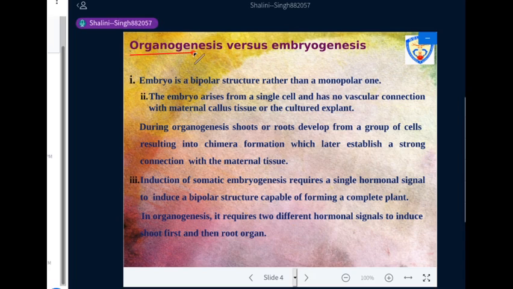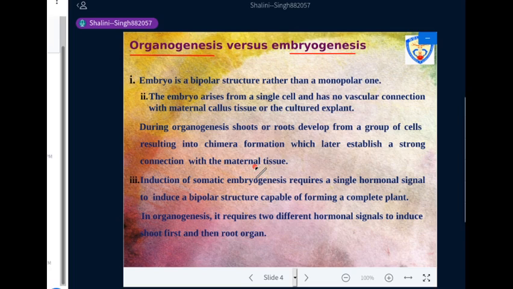If you compare organogenesis and embryogenesis, what happens here? The embryo is a bipolar structure rather than a monopolar one. The embryo arises from a single cell and has no vascular connection with the maternal callus tissue or the cultured explant. During organogenesis, shoots or roots develop from a group of cells, resulting in chimera formation, which later establishes a strong connection with the maternal tissues.